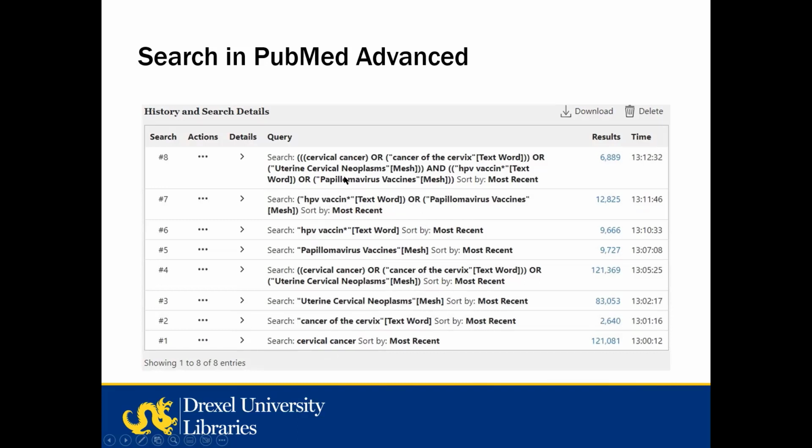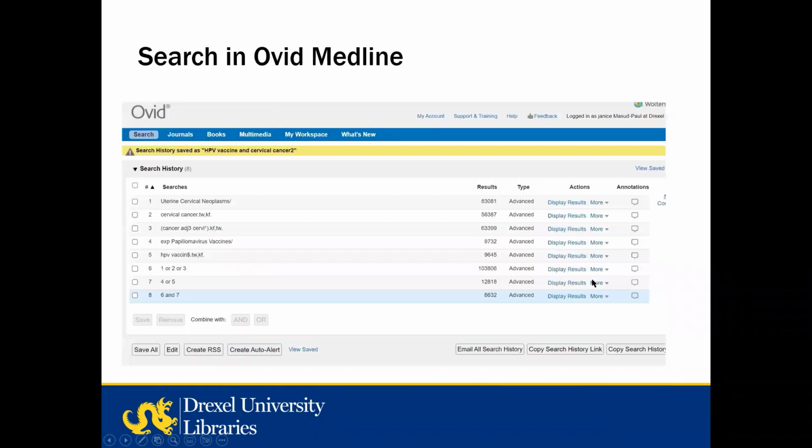And I'm going to combine those 2 concept clusters together to find articles that talk about cervical cancer and the HPV vaccine. Afterwards, I'm going to be doing a little bit of limiting. So this is the search in PubMed, and this is the search in Ovid. And you can see it looks a little bit simpler, even though it's basically the same search.